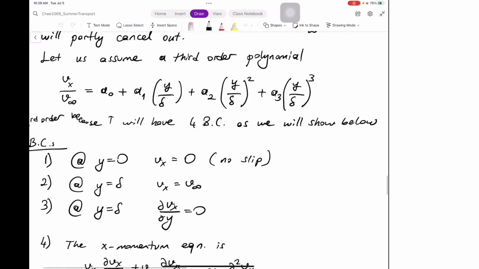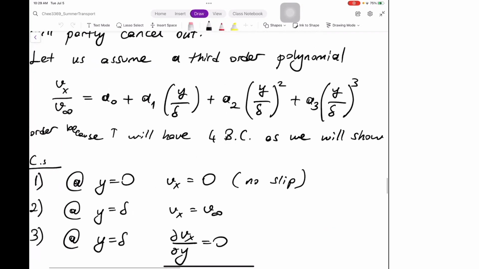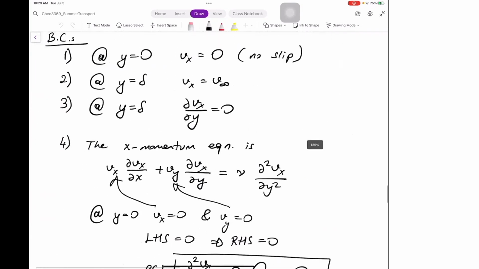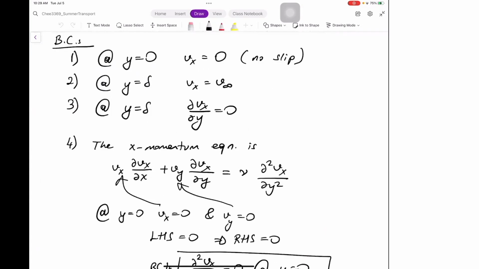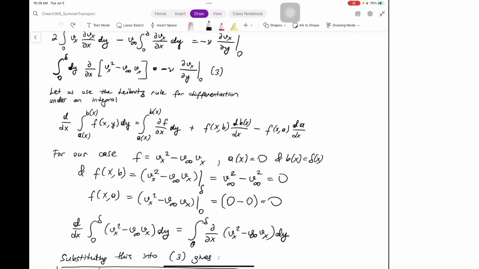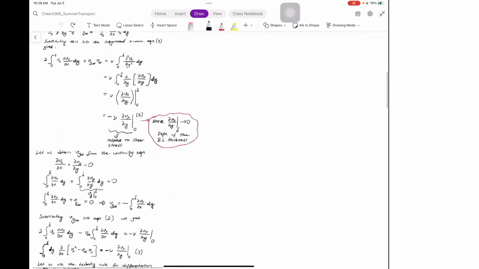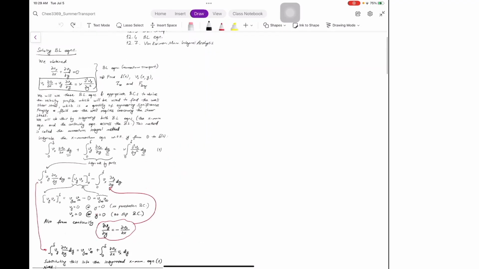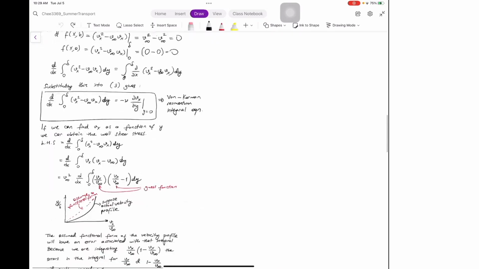See, Domingos, you have exactly the same equation and exactly the same boundary conditions. Here Vx over V infinity is 1, as our theta is 1, similar. So you should get exactly the same thing.